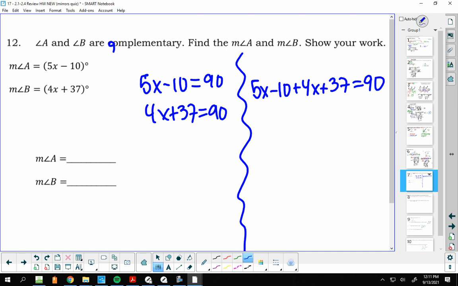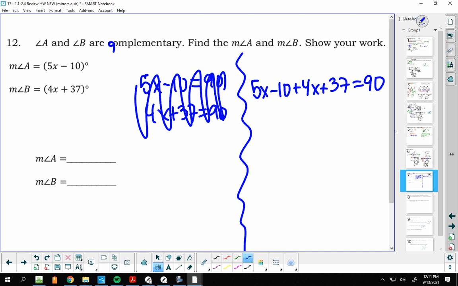Right, but when I equaled it to 180, that's wrong. But when measure A and measure B are added together, wouldn't that equal 90? Yes, you add them together. So when I did that and equaled it to 180, it equaled 90 and not 180. That's why I'm so confused. You're supposed to equal it to 90.